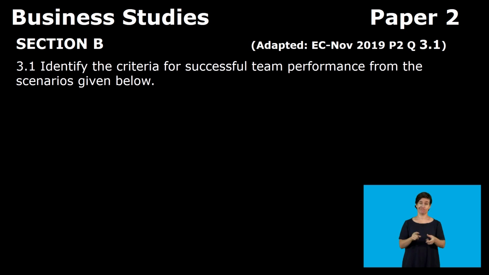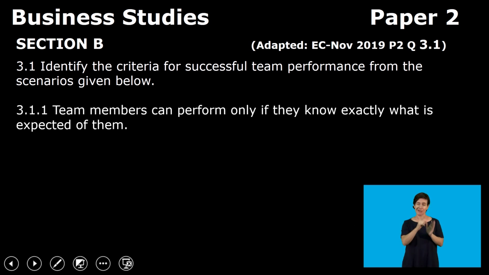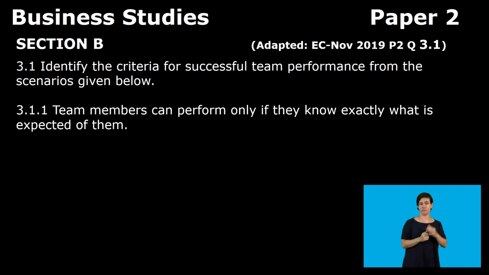All right, 3.1 says identify the criteria for successful team performance from the scenarios given below. So there are scenarios, you just have to identify. So here's scenario number 1. Team members can perform only if they know exactly what is expected of them.